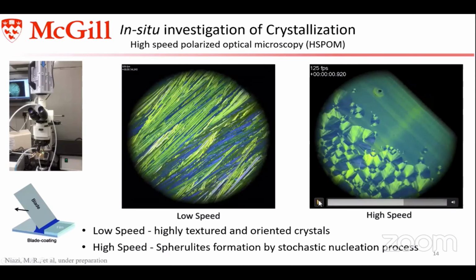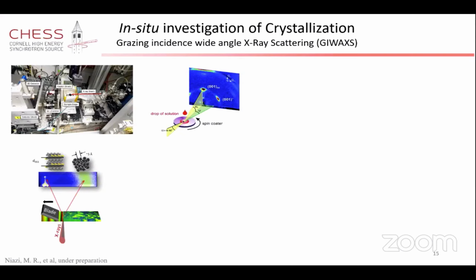So these two thin film formation processes are totally different from what we observed earlier. To understand this phenomenon in detail, we went to the Cornell High Energy Synchrotron Source.